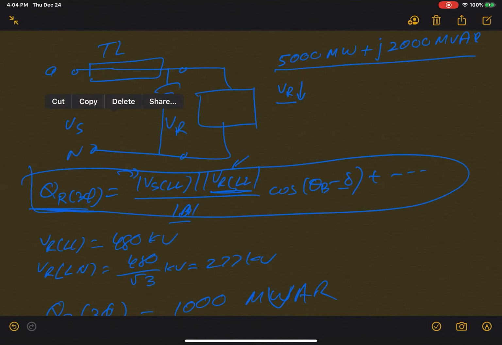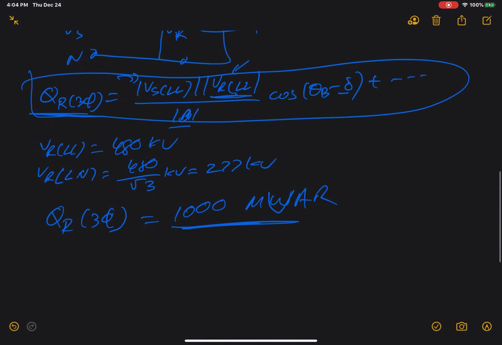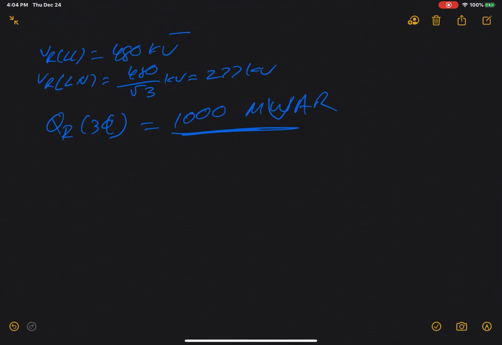To do that, we can use a line to neutral capacitor connection. What I'm talking about here: you have three lines A, B, C and neutral, and you can connect a capacitor line to neutral.